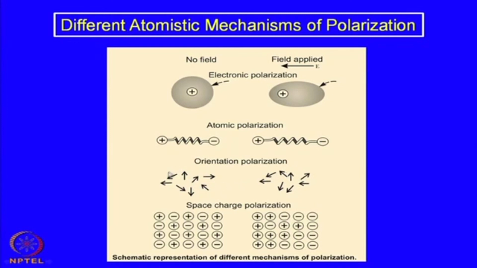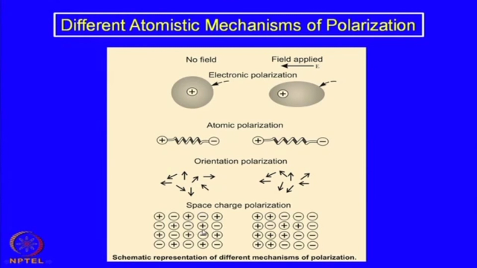From a 0 dipole moment situation, because of the randomness, you have a 0 overall dipole moment of the solid, whereas in this case, because of the realignment, there will be a net dipole moment. That is another way the material can get polarized or respond to an applied electric field. This is the third kind, and because it involves only reorientation of the dipole moment, it is called orientation polarization.